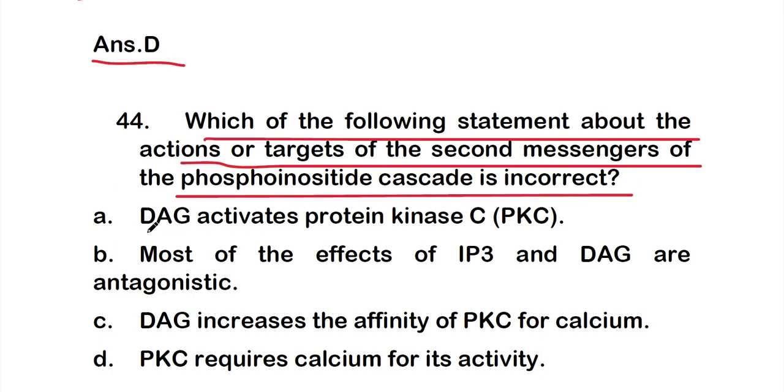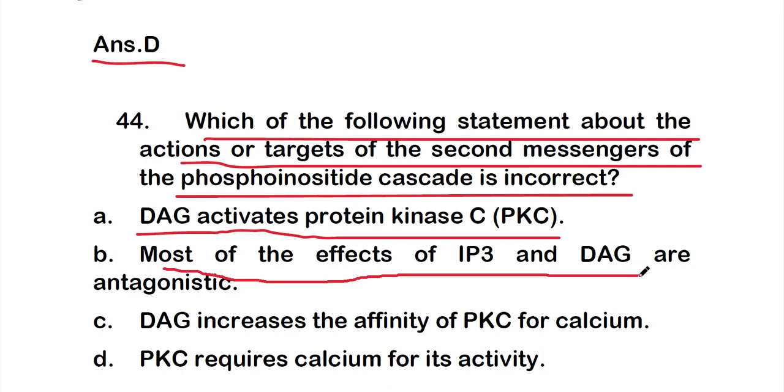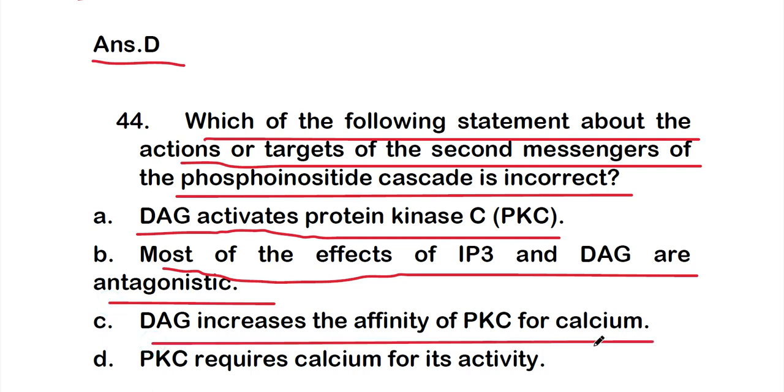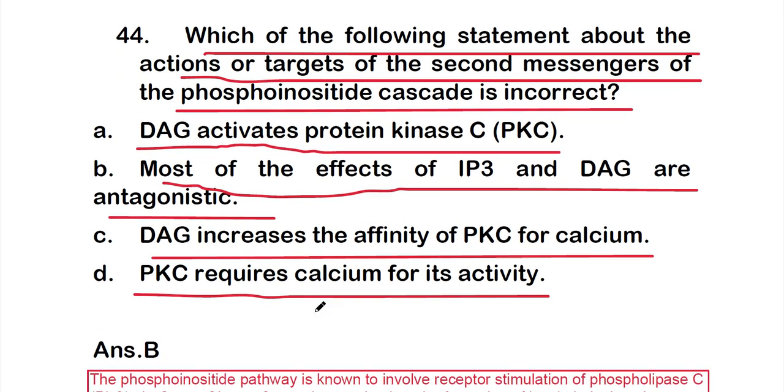Option A, DAG activates protein kinase C, PKC, option B, most of the effects of IP3 and DAG are antagonistic, option C, DAG increases the affinity of PKC for calcium, or option D, PKC requires calcium for its activity. The right answer is option B, most of the effects of IP3 and DAG are antagonistic.